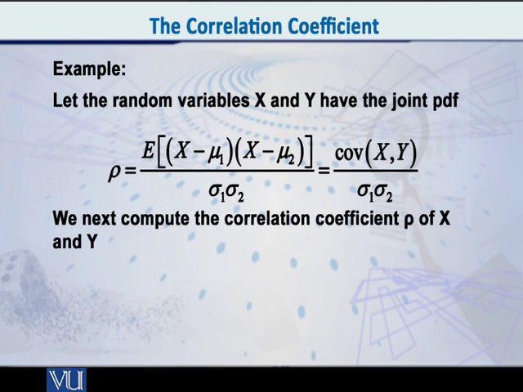I'm wanting to talk about the correlation coefficient. Given this particular bivariate distribution, if I want to compute or to determine the correlation between X and Y, how will I start?